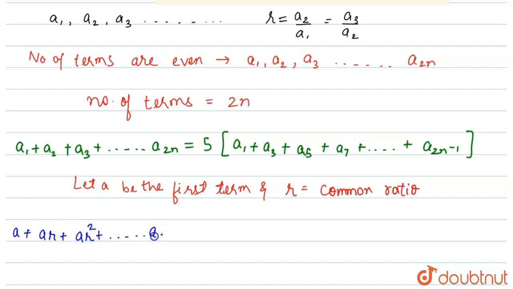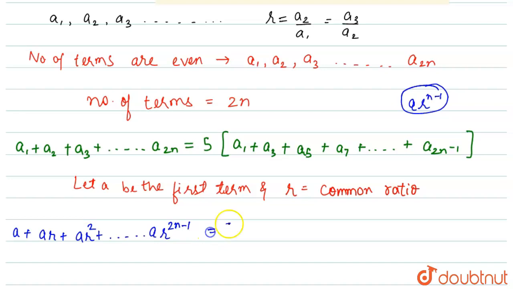A2n is what? A into R to the power 2n minus 1. As we know that the general term of the GP, the nth term, is A into R to the power n minus 1. So here the last term is AR to the power 2n minus 1, as the total number of terms is 2n.